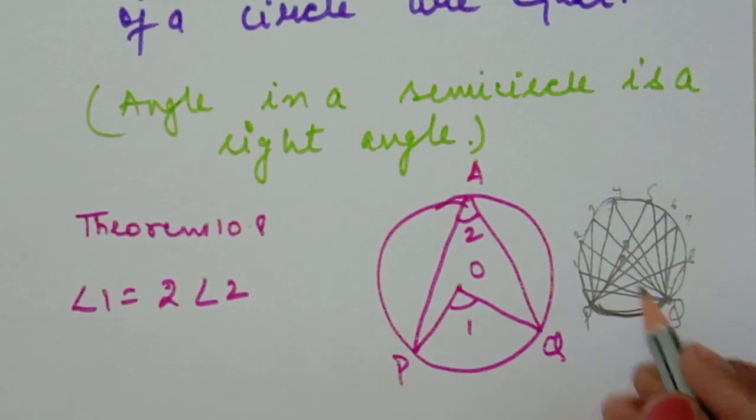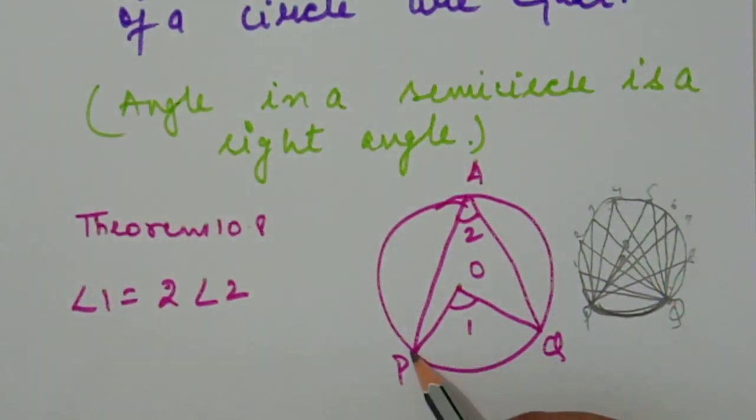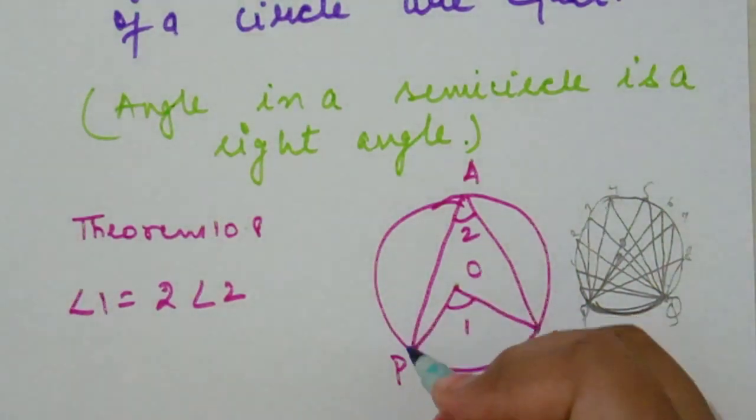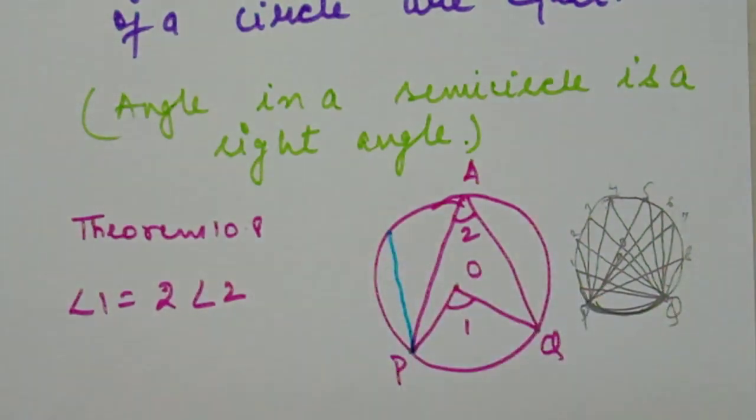The condition is that the endpoints of the angle should be on this arc. If the endpoints are not on this arc, then it does not follow the property that angles in the same segment are equal.